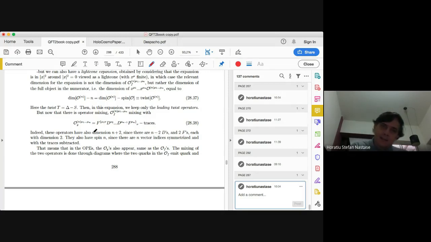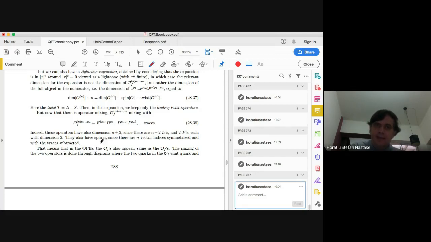This has still dimension n+2, since now I have in here n minus 2 Ds. So I have dimension n minus 2 from this, and then dimension 2 from this, dimension 2 from this, total dimension n plus 2.